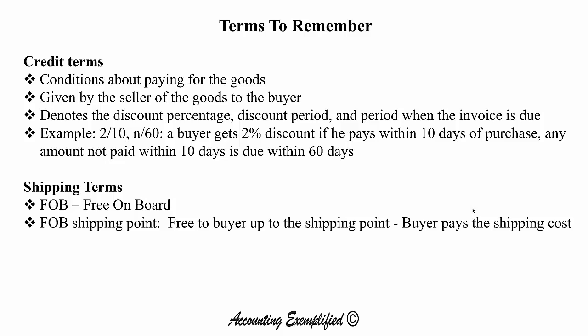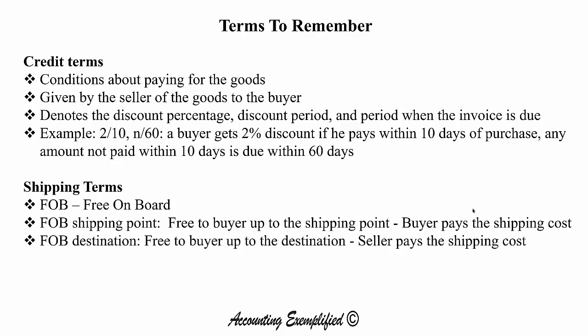Therefore, the buyer pays the shipping cost. The second is FOB destination. Here the destination is the buyer's place. So here, the seller pays the shipping cost. So FOB shipping point means the buyer has to pay the shipping cost. FOB destination means the seller pays the shipping cost.